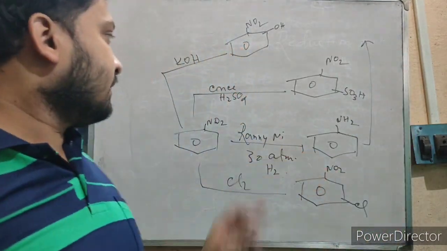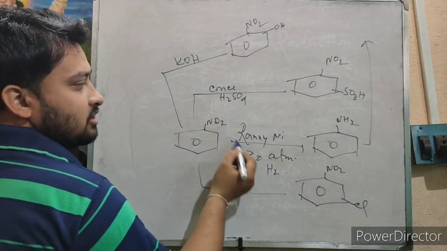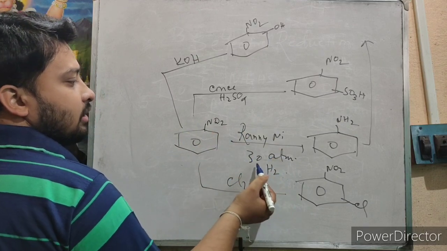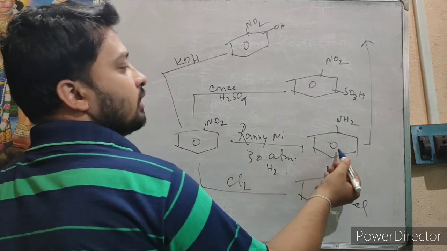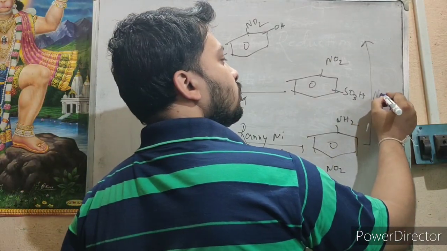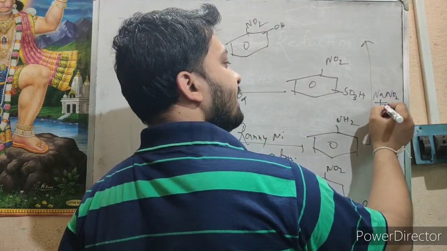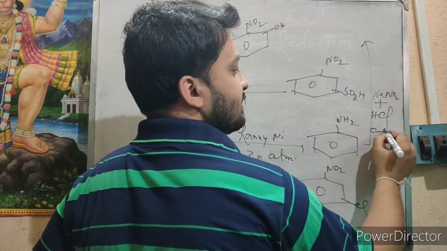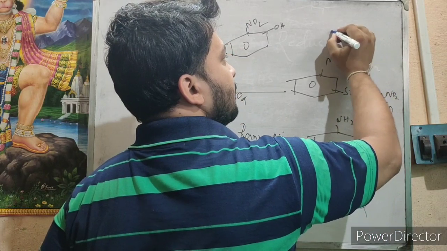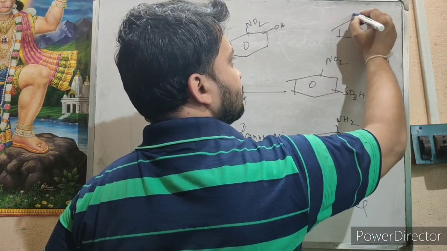Firstly, nitrobenzene, NO2, reacts with Raney nickel at 30 atm pressure and H2, and it gives you aniline. Then you use NaNO2 and HCl at 0 to 5 degrees centigrade temperature on aniline, and it gives you benzene diazonium chloride.